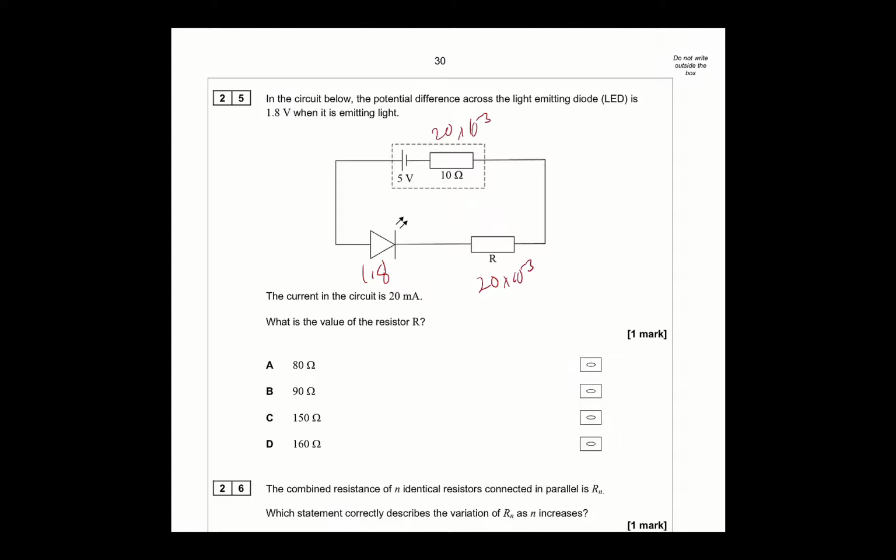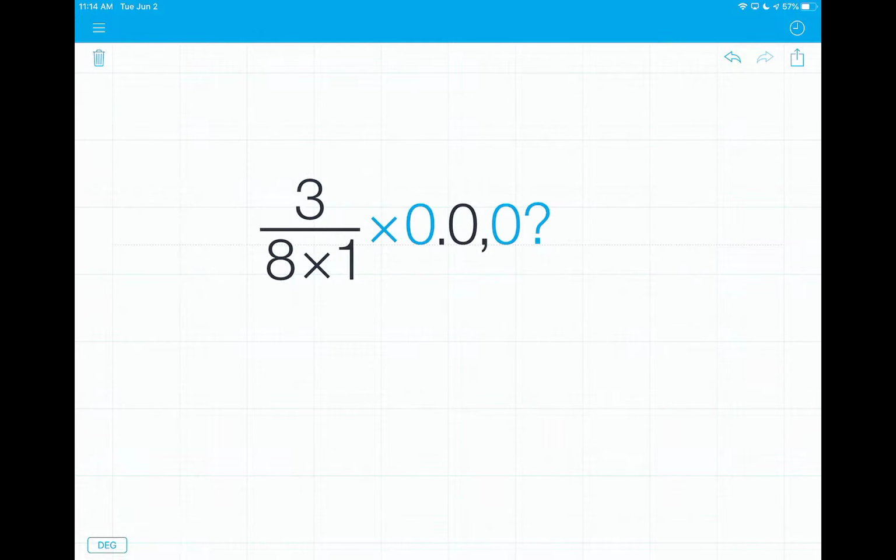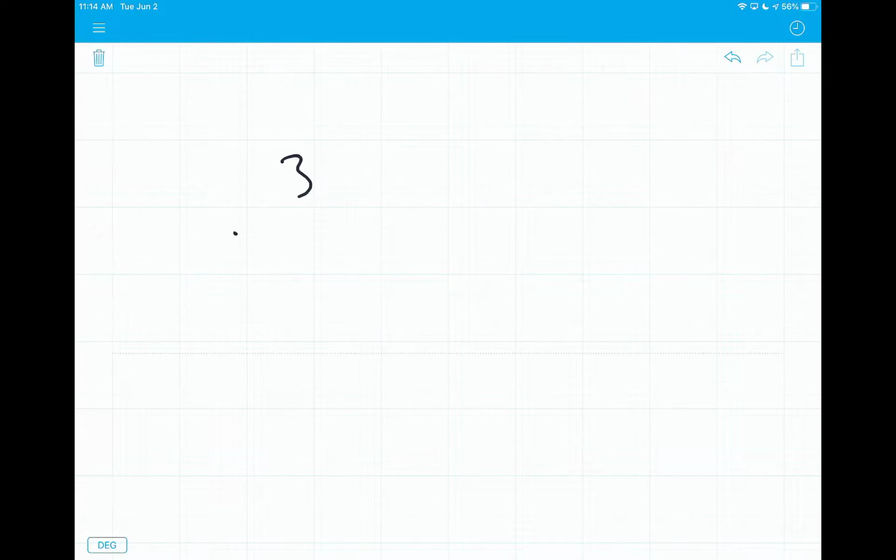So, here we have a potential difference of 0.2 volts being lost, which means that we have 3 volts being lost here, because 0.2 plus 1.8. And then 3 divided by 20 times 10 to the minus 3. That didn't work out very well.